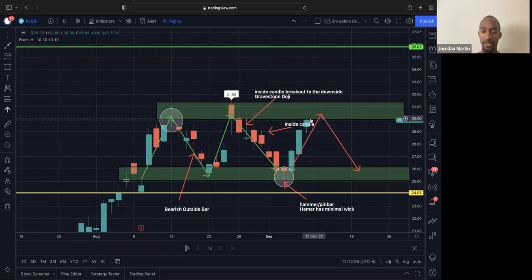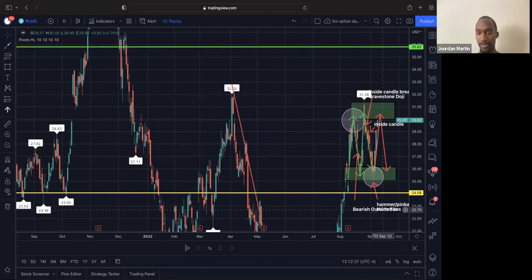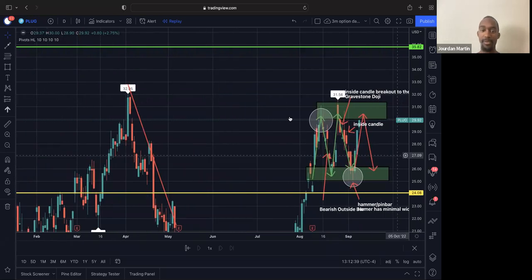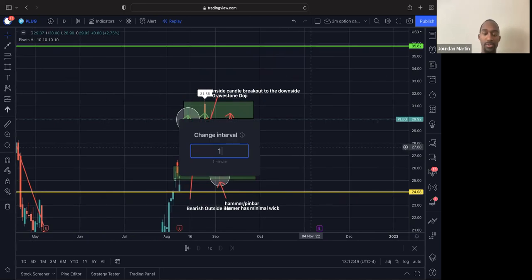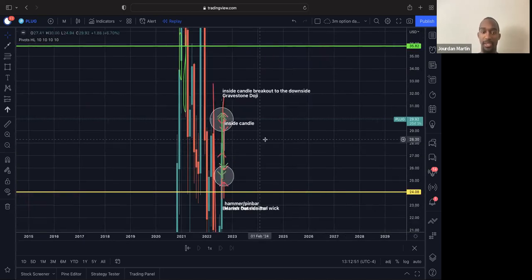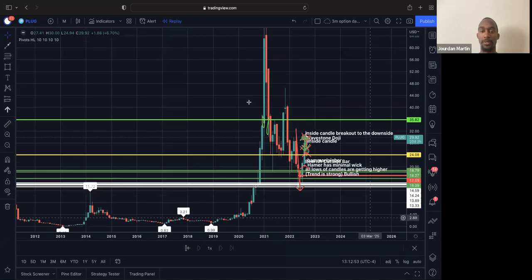So now that it's up here again, we still have room for maybe one more candle to squeeze out up here until we're looking at the potential for it to come back down here again, right? And we don't expect by any means that plug is going to stay in this range indefinitely. At some point, it will break either way, and then it will likely continue to the next level, which we would be able to identify if we came to our monthly chart and marked up the levels like we did earlier today.